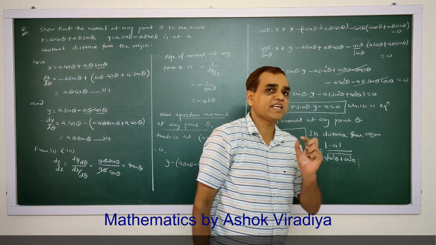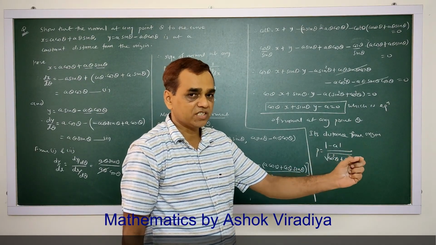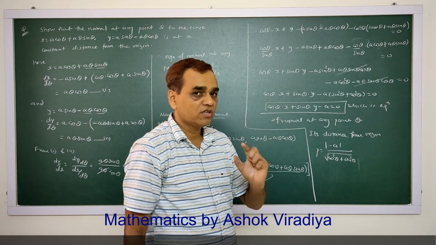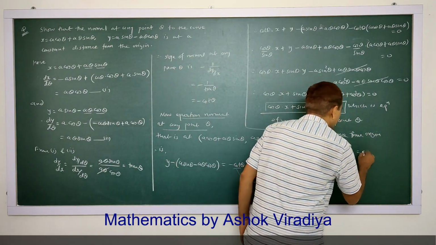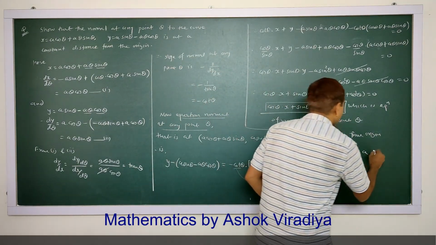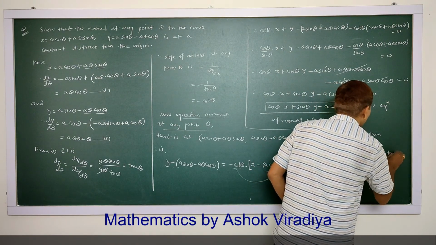The distance of any line ax plus by plus c equal to 0 from origin is modulus c upon root a square plus b square. So this is a. So it is constant. This is modulus a. And it is constant.